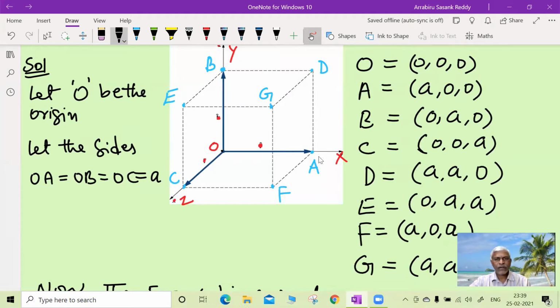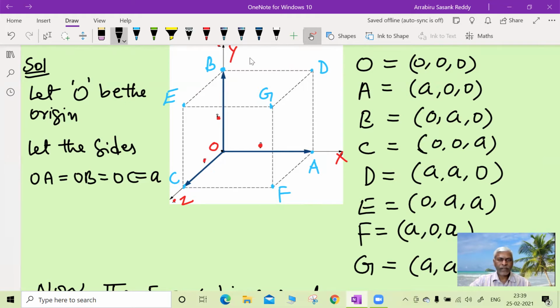Any point on the x-axis has x coordinate a and yz coordinates 0. Similarly, on the y-axis only the y coordinate is a, and x, z will be 0. Similarly, on the z-axis the z coordinate is a and x, y coordinates are 0.